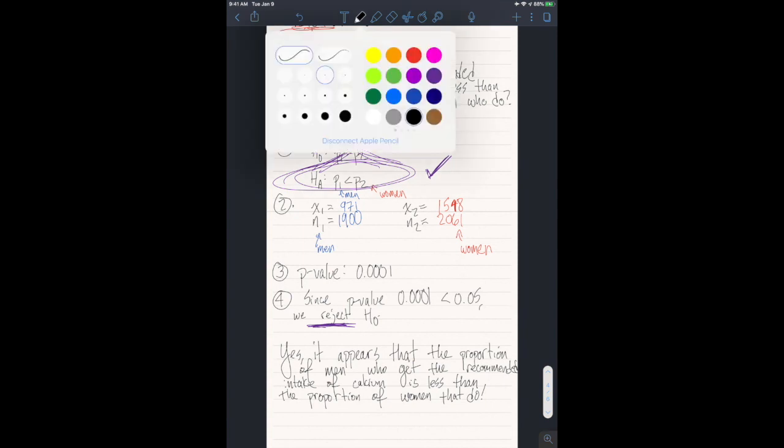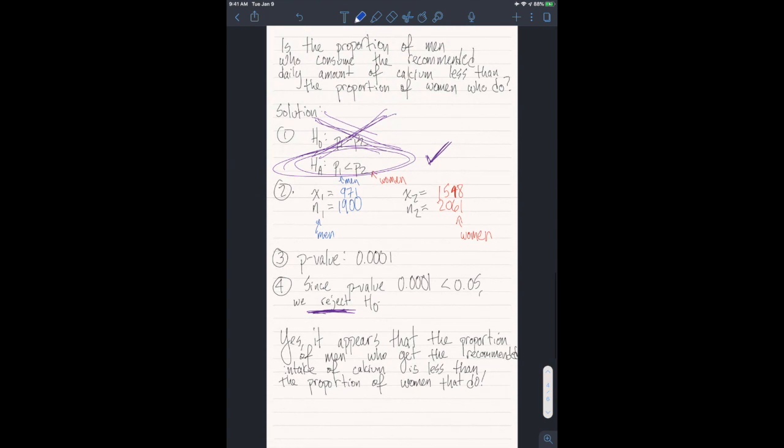Something I didn't do that if we had to do this by hand, I can show you. For the men, we found 971 out of the 1900. That means the p1 hat there would be 971 out of 1900. If you calculate that, and you also calculate the p2 hat as 1548 out of the 2061, you can see there's a big difference between the percent of men who get their daily recommended amount and the percent of women that get it, which is what leads us to rejecting.